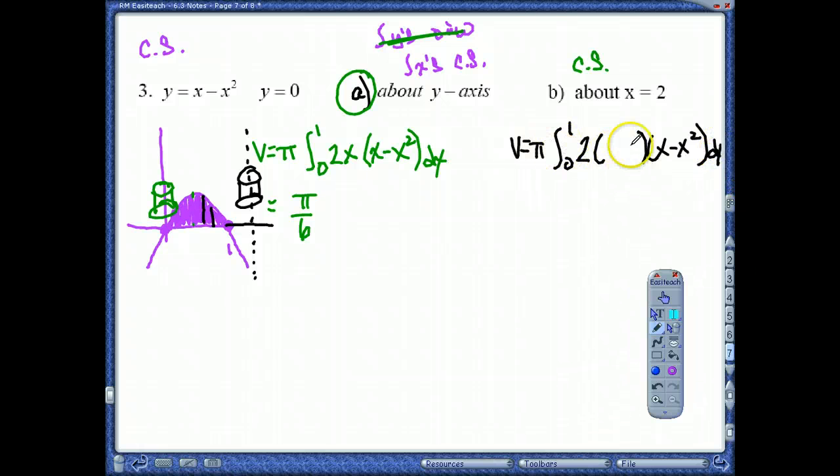Now when I'm looking at my radius, I want you to think about when we rotated about different lines and you had to think about which one had the higher value. If you were doing it with respect to x, you had to look at who had the higher x value. Were you to the right or to the left? Were you above or below?